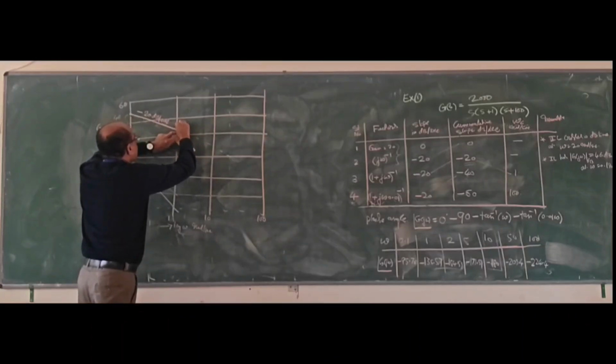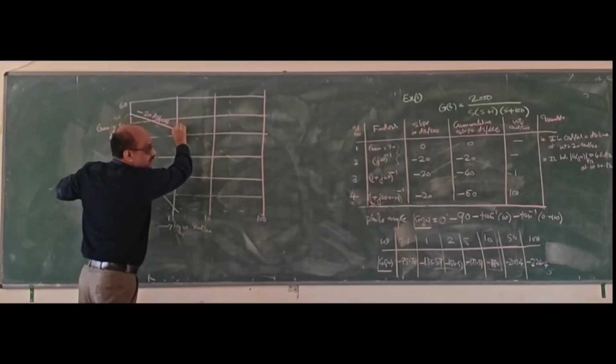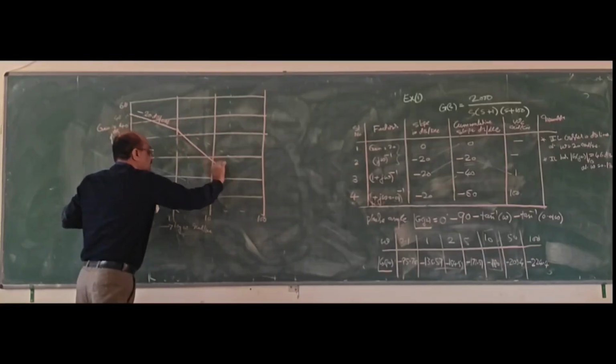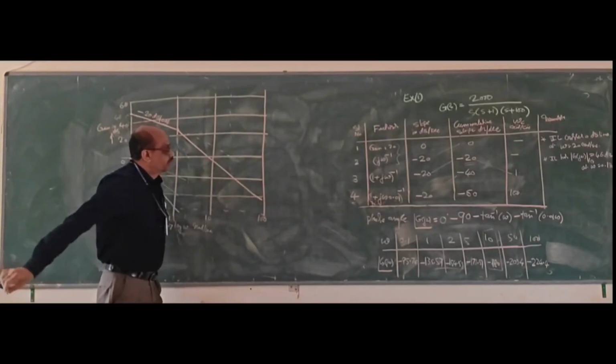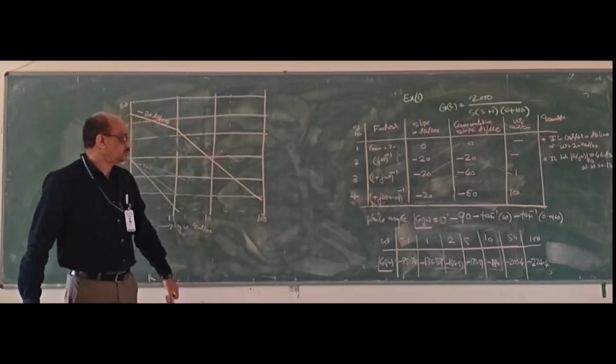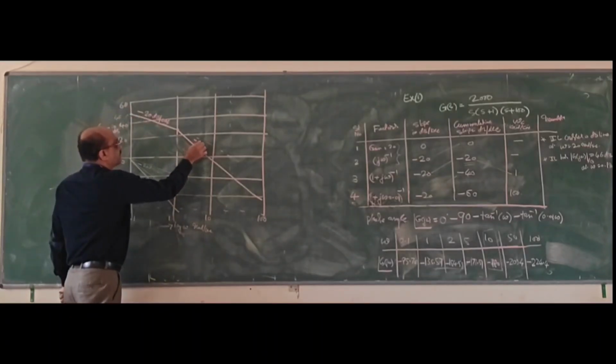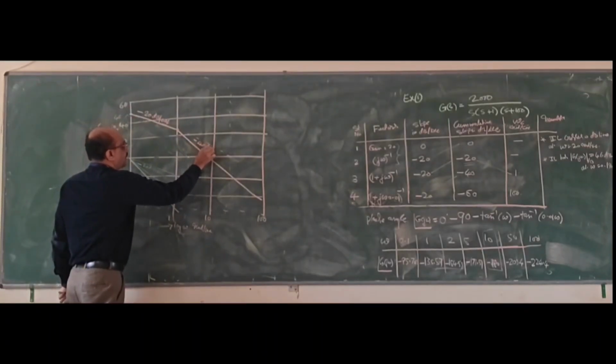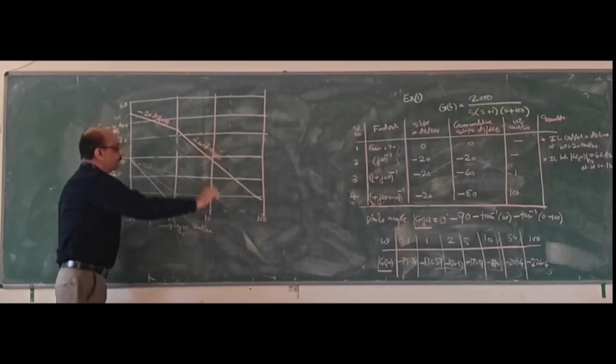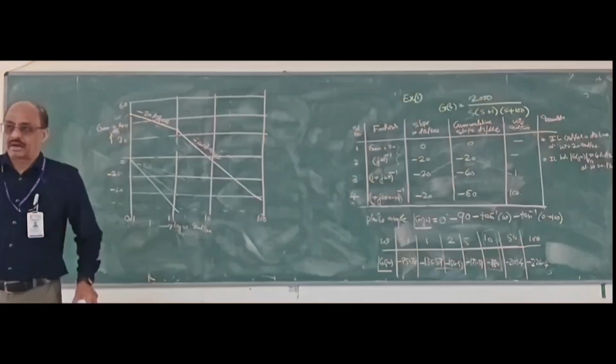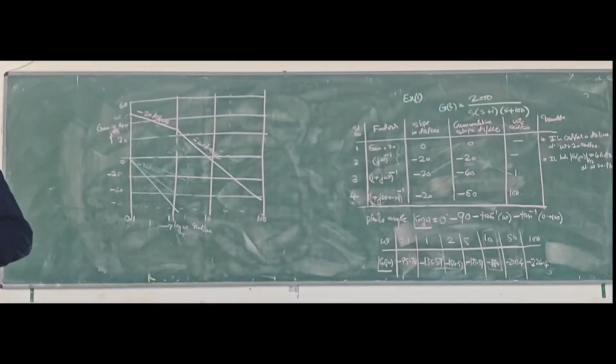So draw minus 40 till what? It is equal to 100. Till 100 it has to go like this, minus 40 dB per decade, with the Roland draw scale and a parallel line.